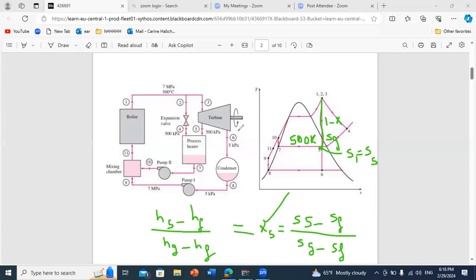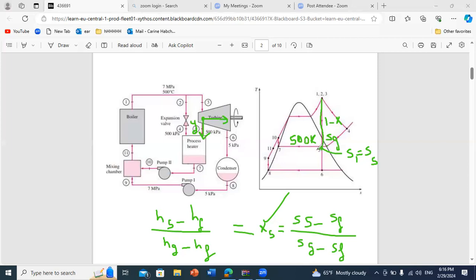Okay, now what will happen then at this level at point 5? You have two possibilities to continue: you can extract a certain part to go through the process heater, or you can expand into the second stage turbine. So this is why here we say that a fraction y will be extracted from the first stage turbine to the process heater.